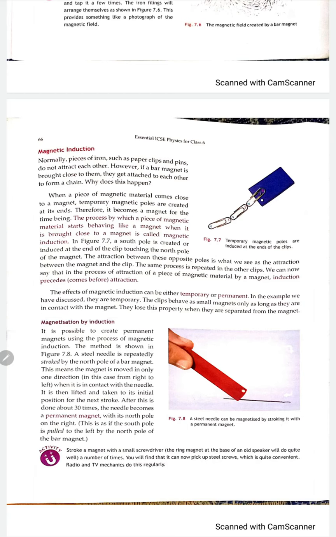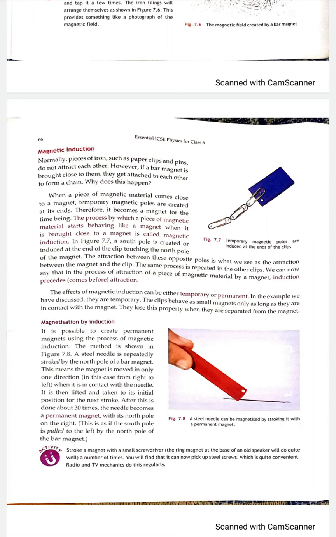Now we come to the other property, that is magnetic induction. We know that two magnets can attract each other when their opposite poles come together, and they show repulsion when their same poles come together.